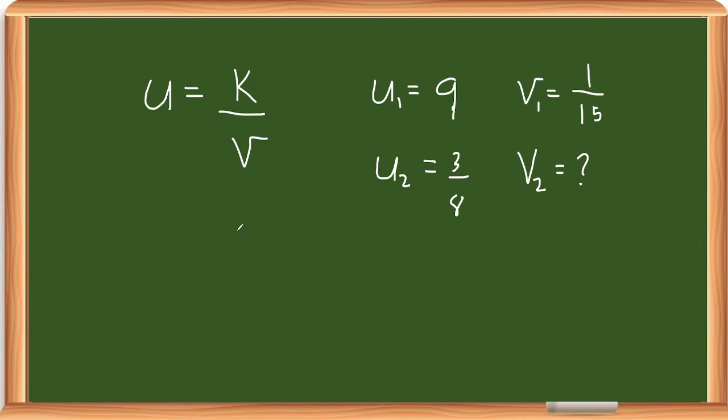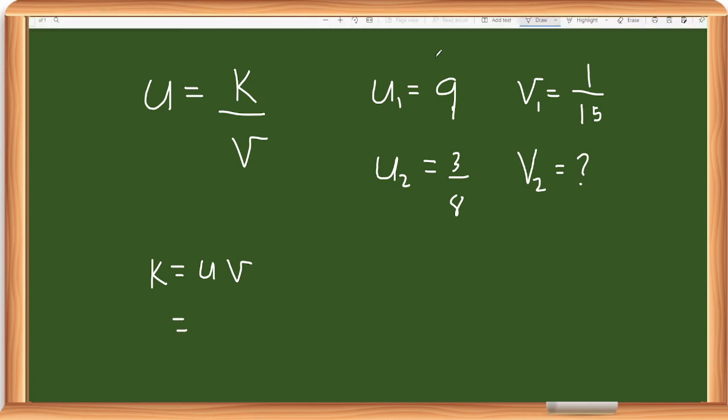Okay, so, pwede nyong unahin kunin muna yung k kasi madali lang eh, i-multiply nyo lang eh, no? So, your k therefore is equal to u times v. So, this is equal to yung u sub 1 at saka yung v sub 1 mo, 9 times 1 over 15.